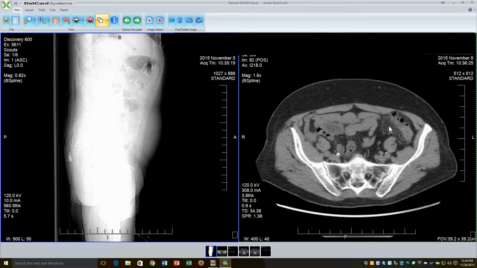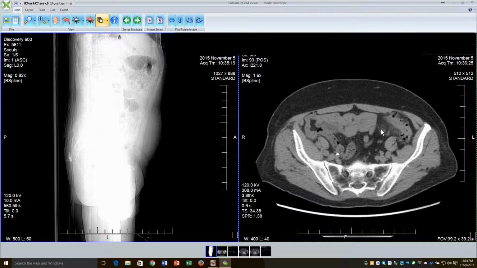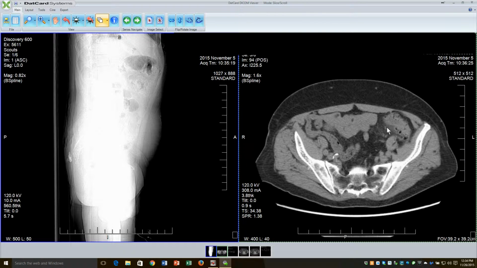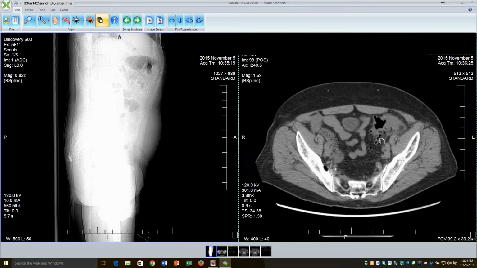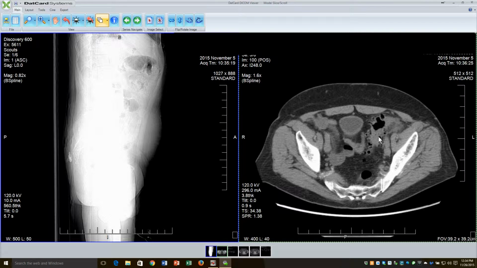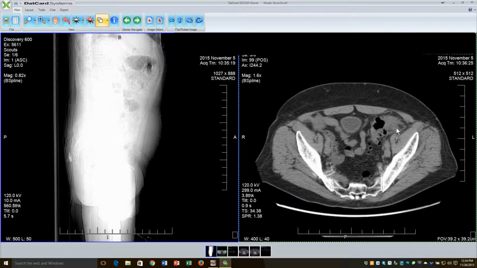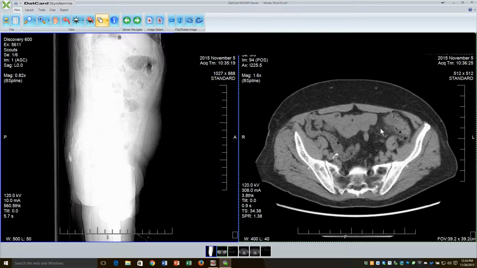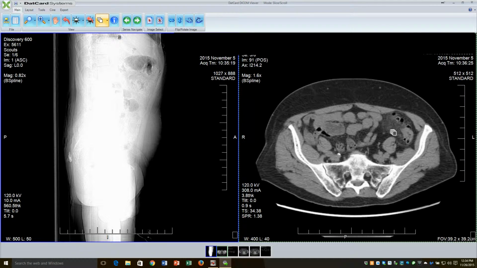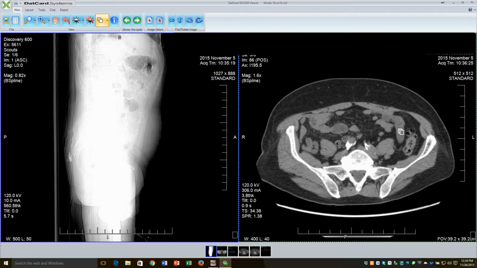This is in the left side of the abdomen. This haziness here in the fat is an inflammatory change. So this is consistent with acute sigmoid diverticulitis. Right here we see some more. As we continue to move up, here's the fatty changes consistent with the inflamed colon.